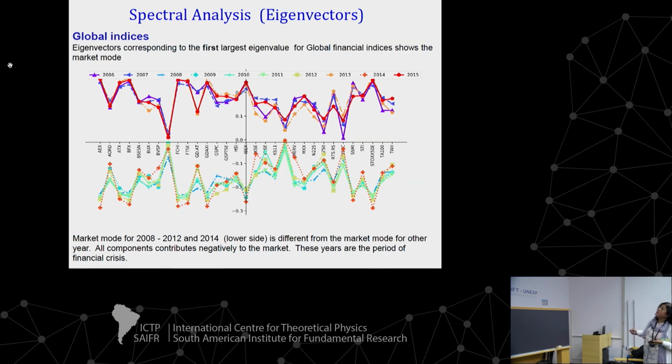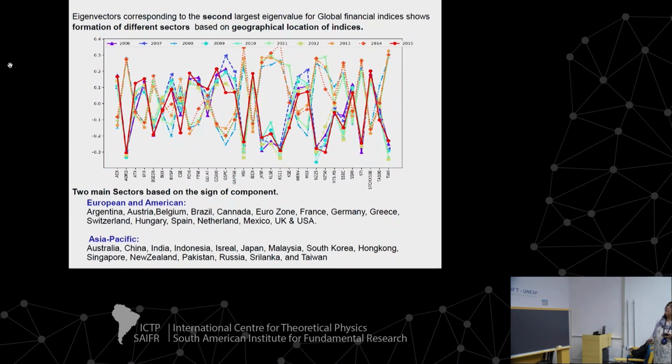So this is going positive, and this is going negative. And it turns out that the years 2008, 2012, and 2014, which are on the lower side, are the ones that correspond to the crisis. This is from the eigenvectors corresponding to the first eigenvalue.